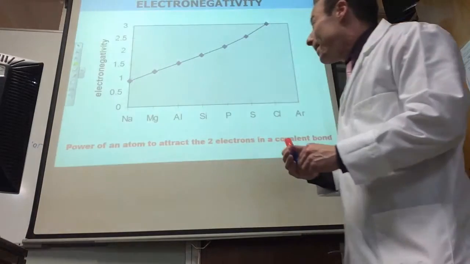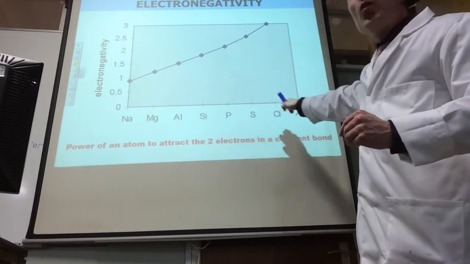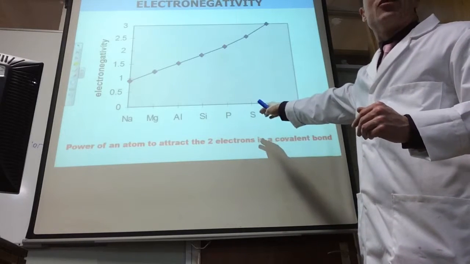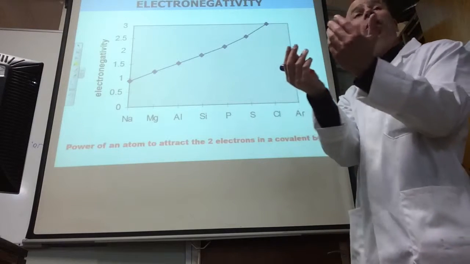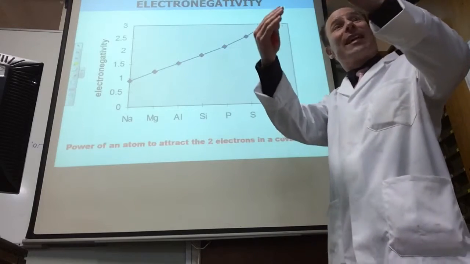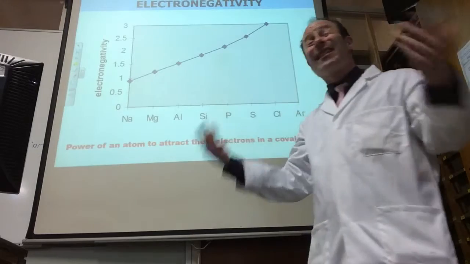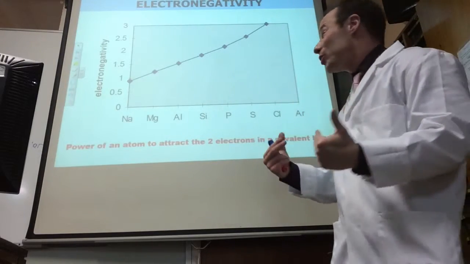Why is that? What's always happening as I go across a period? The number of protons is increasing. Is my shielding changing? No. So I've got more protons, shielding the same. So how is that going to attract the outermost electrons? Attract them more. So it's the same trend as we saw in the atomic size. As it attracts them more, they get pulled towards the nucleus.